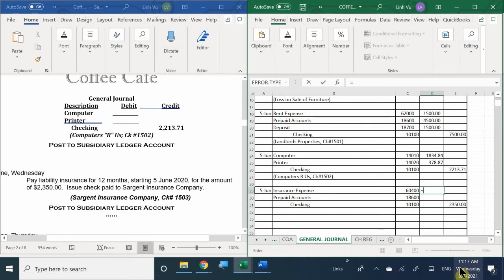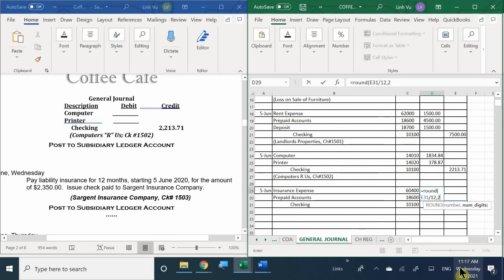I'm going to do equal round just in case I get a funky number. I'm going to take 2,350 and divide that whole thing by 12 because I bought a 12-month insurance. Then comma 2 because I want 2 decimal places.